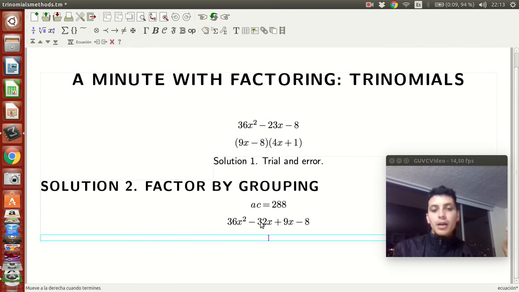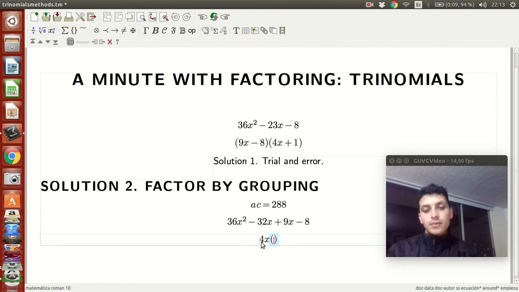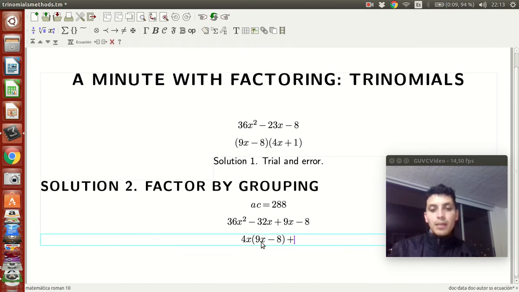The GCF here will be 4x times the factor 9x minus 8, plus, and here the GCF will be 1, times 9x minus 8, and we can factor the GCF. Remember, if you're a beginner, you can write the 1 here in the parentheses to remember that it's a 1. So we have 4x plus 1 times 9x minus 8. And we have the same solution using factor by grouping.